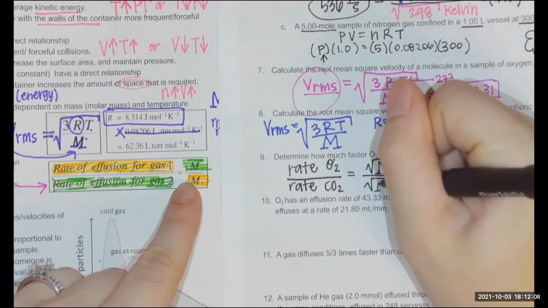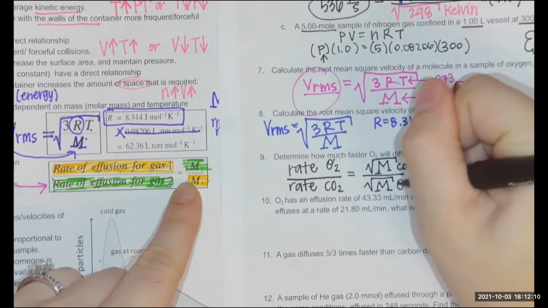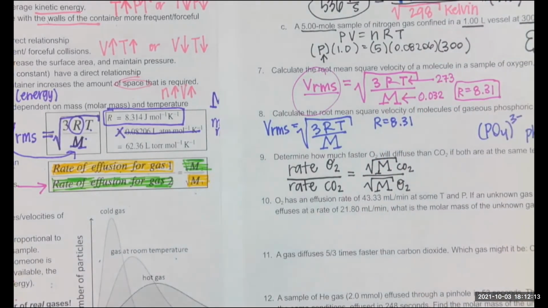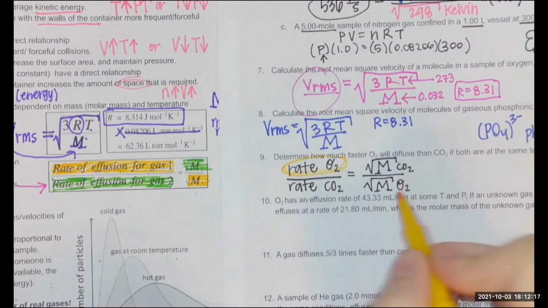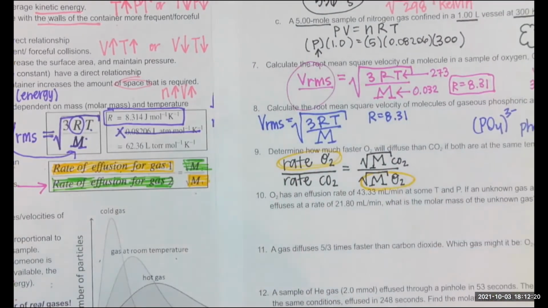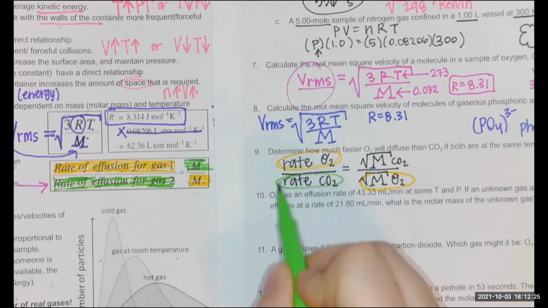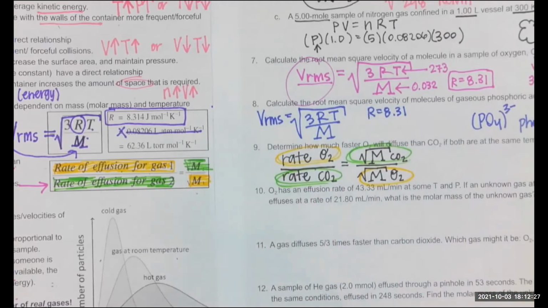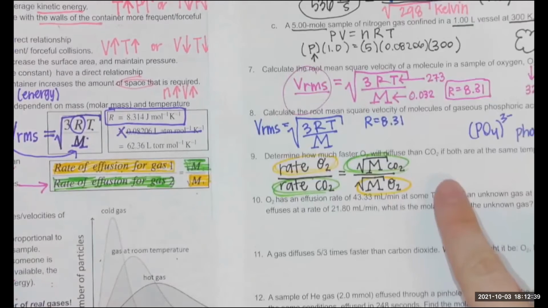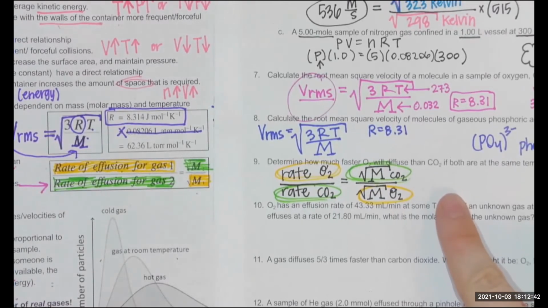And here we'll have the molar mass that corresponds to the O2. Matchy, matchy, so it'll be cross multiplied correctly. Everything that I wrote is the formula. We're trying to determine how much faster oxygen will diffuse than CO2 if they're both at the same temperature and pressure.